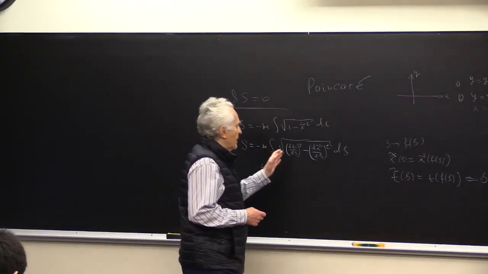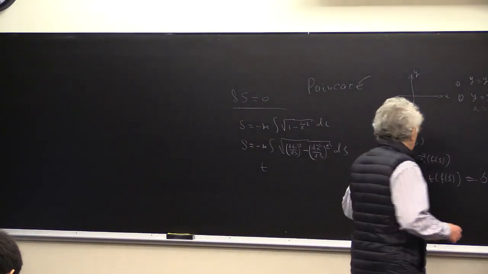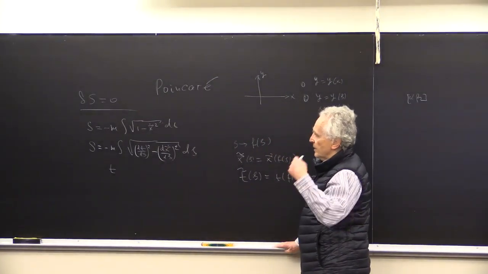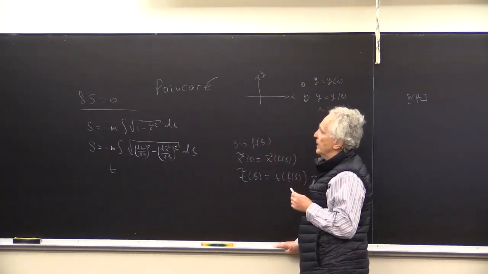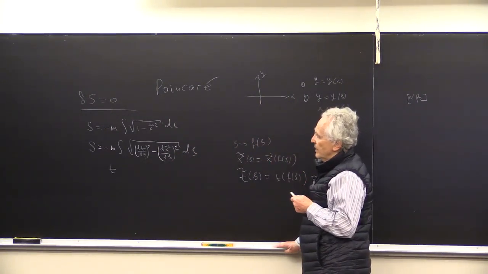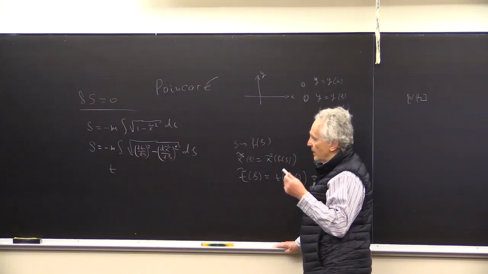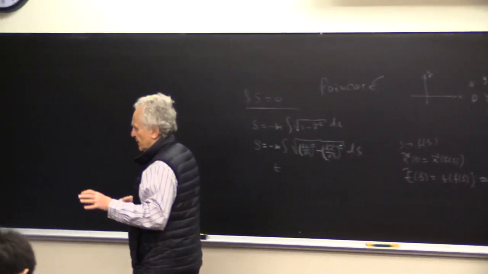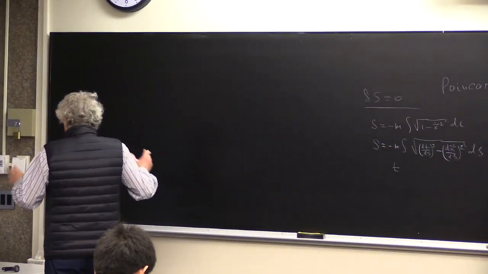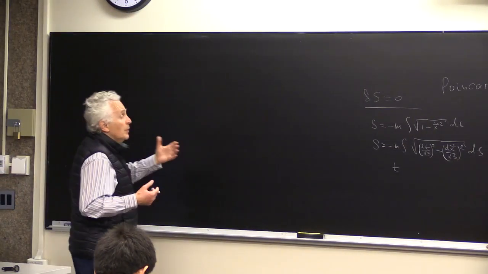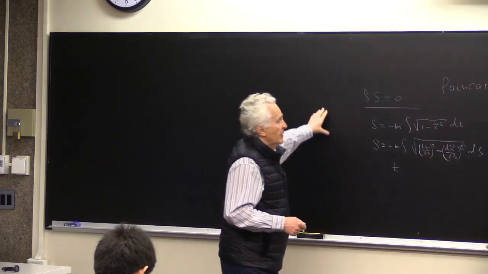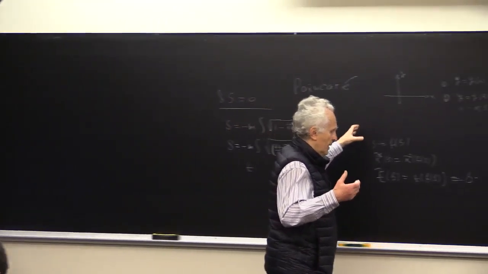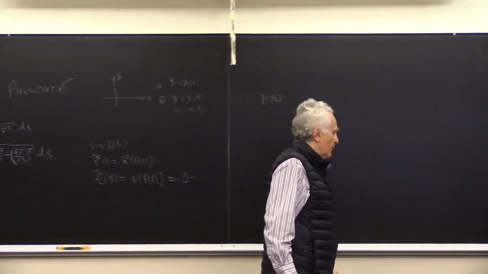We said that translation invariance in s, translation invariance in time, better to say, is related to conservation of energy. We constructed the functional which is conserved when the system moves. It's also called integral of motion, a conserved quantity.